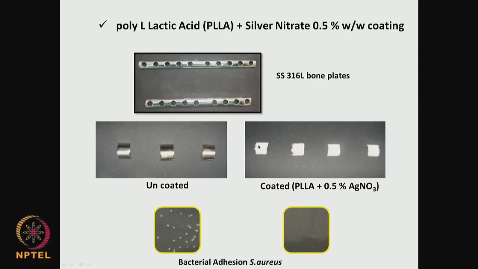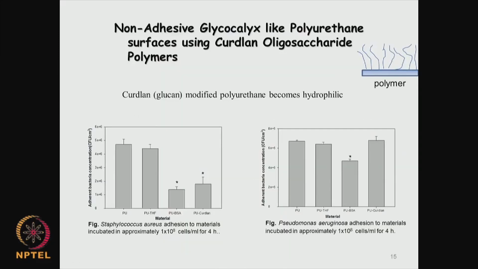And so we coated with the 0.5% silver nitrate, and as you can see here, Staphylococcus adhesion, this is uncoated surface after 24 hours, and this is the coated surface, and silver is well known antibacterial material, and silver nitrate, the silver ions really kill the bacteria. As you can see, a big difference in the attachment of a microorganism on the uncoated surface as against the coated surface. So, this is quite dramatic. Let us look at another example.